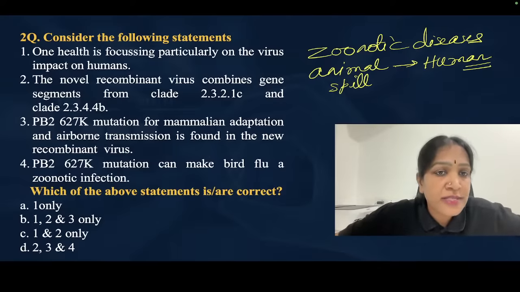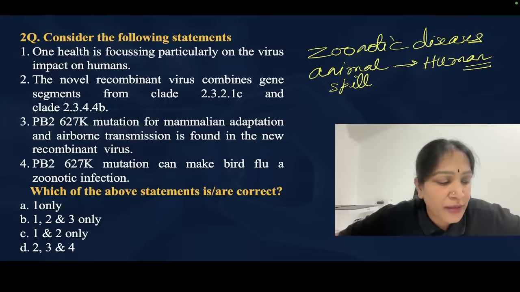One: One Health focuses particularly on the virus impact on humans. Two: The novel recombinant virus combines gene segments from clade 2.3.2.1c and 2.3.4.4b. Three: The PB2-627K mutation for mammalian adaptation and airborne transmission is found in the new recombinant virus. Four: The PB2-627K mutation can make bird flu a zoonotic infection.